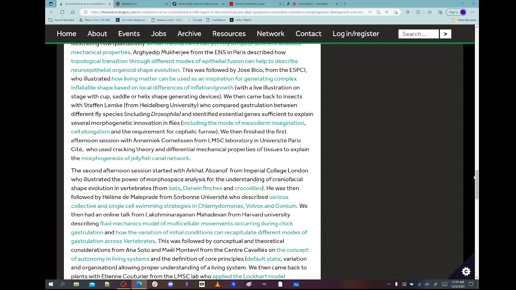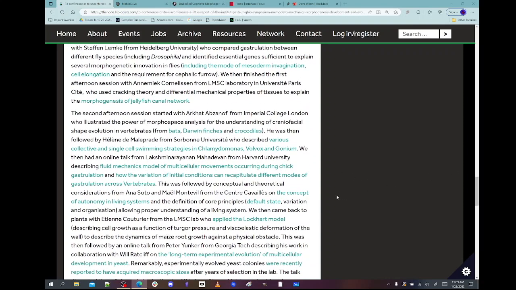And so with more of the same, the next day there were some other talks on fluid mechanics, applying fluid mechanics to chick gastrulation, looking at different craniofacial shape evolution patterns across vertebrates: Darwin's finches, bats, and crocodiles. There was a diversity of different types of changes that resulted in these different morphologies, understanding that morphospace and how those changes happened.